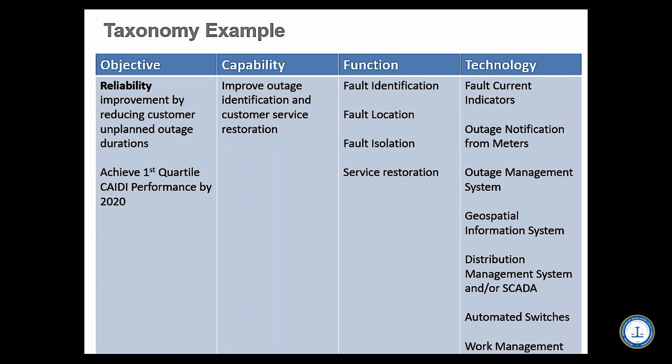One is fault identification, another is fault location, another is fault isolation, and another is service restoration. And there's a set of technologies that link to enable that, and that's the list there. So you can see, again, starting with one objective that cascades through capabilities and functions to a set of technologies that would be required to help achieve that objective, and certainly support that capability. Next slide, please.